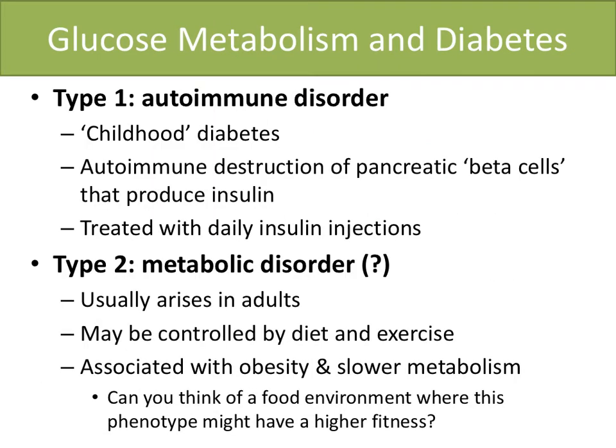So, like I mentioned, type 1 is a metabolic autoimmune disorder. That means essentially the immune system attacks the body itself. In this case, it destroys the beta cells.